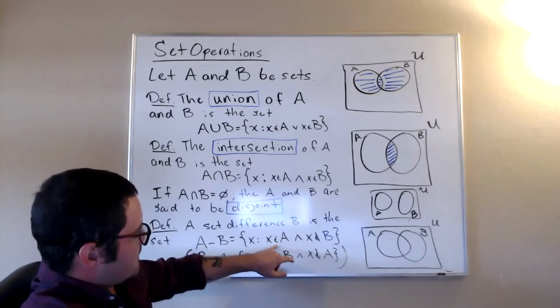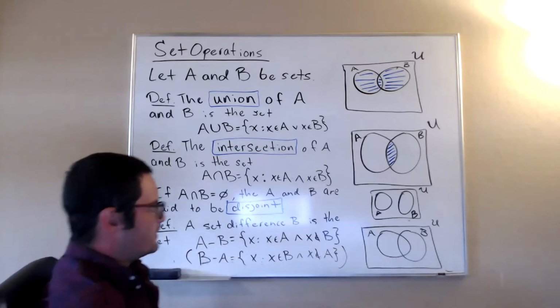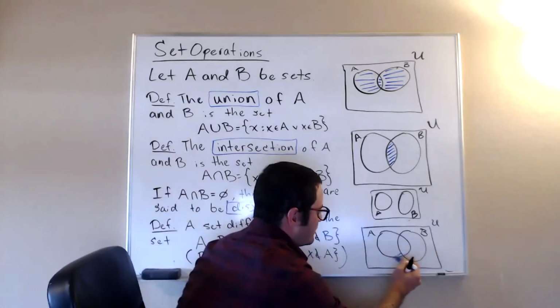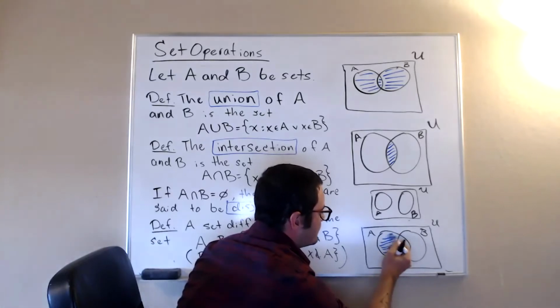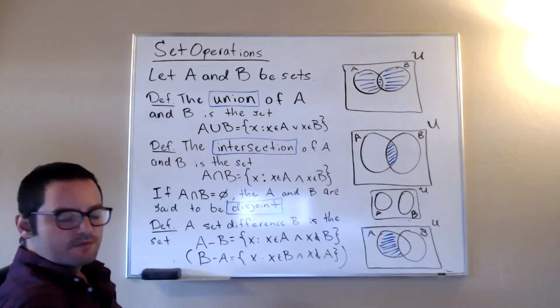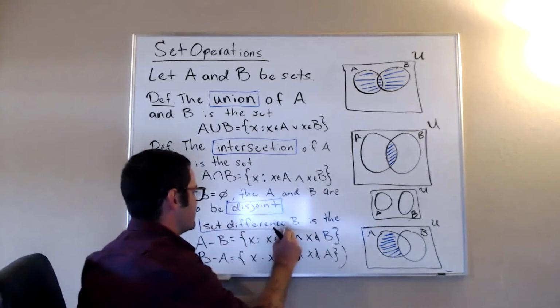So X is in A and X is not in B. Okay? And the only elements that will satisfy that with this picture here are these. All the elements that are in A but not in B. Okay? So this is set difference.